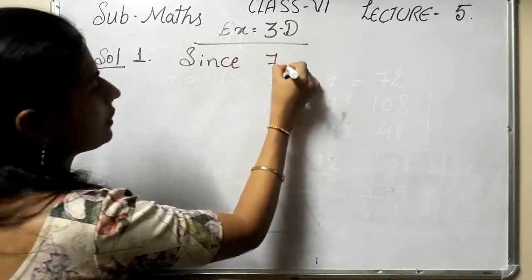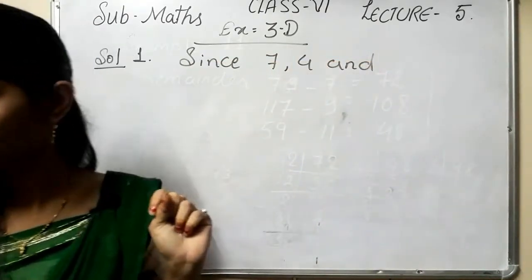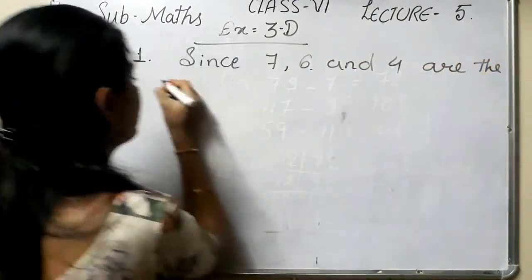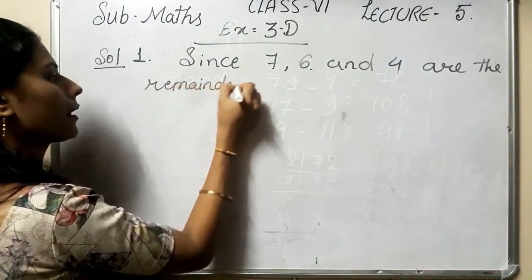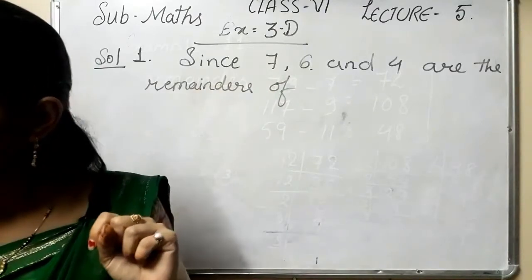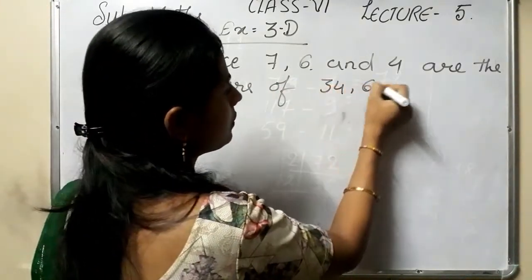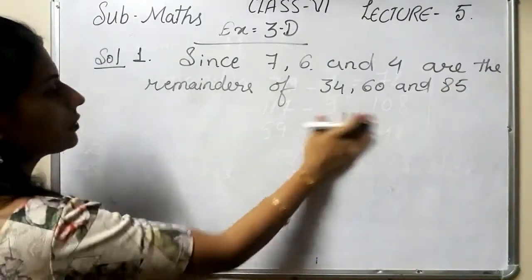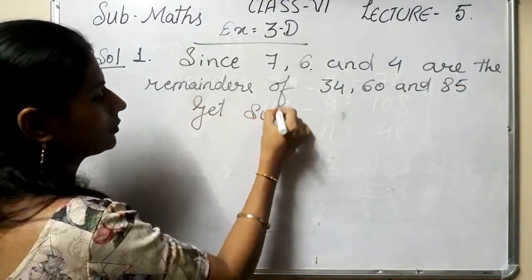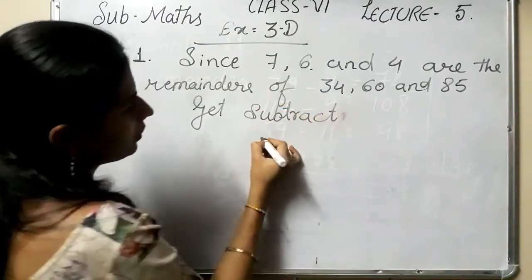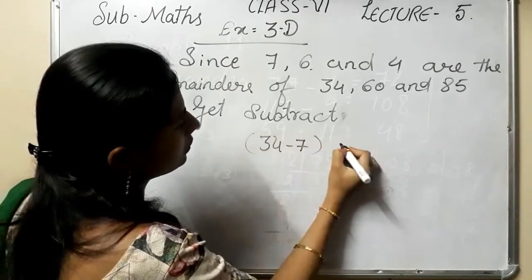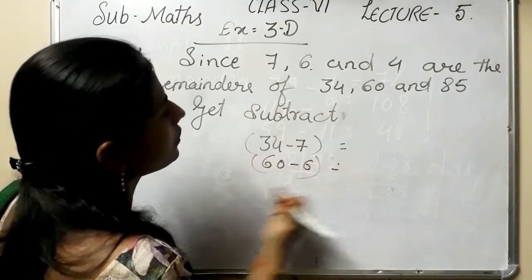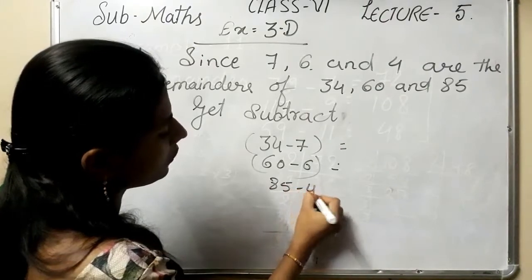Since 7, 6 and 4 are the remainders of 34, 60 and 85, so get subtract. 34 minus 7 is equal to, 60 minus 6 is equal to, then 85 minus 4 is equal to.